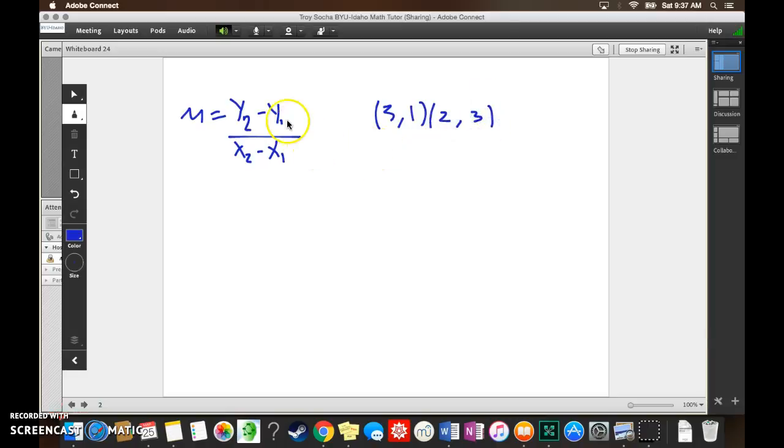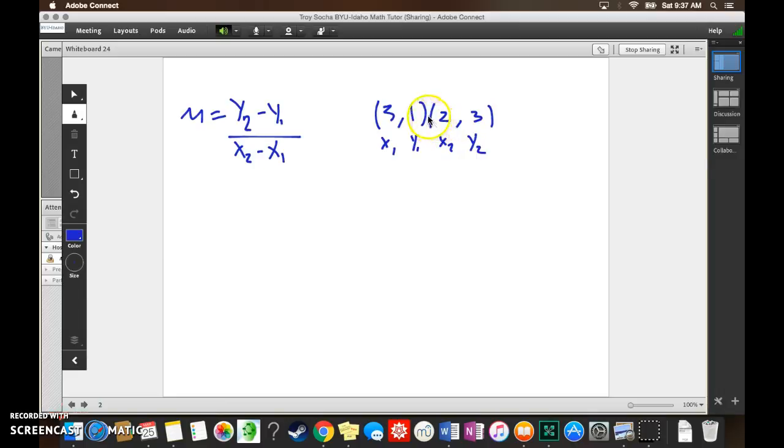All right. So the first thing to do is to determine which ones are x1, x2, y1, y2. As soon as we determine that, those are going to be how we're going to use them for the rest of it.